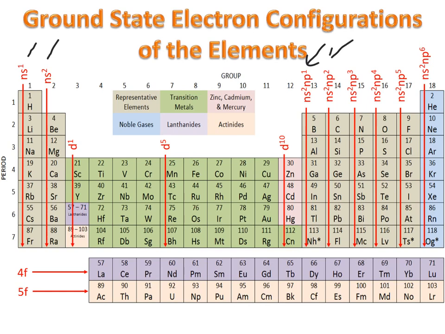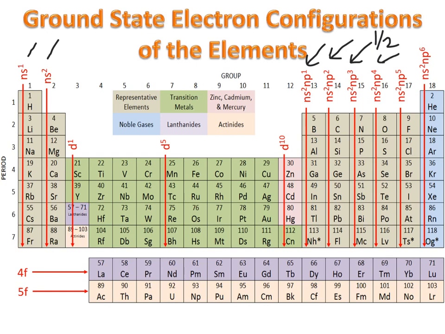In group 14, we put a second electron in the p subshell. Group 15, we put a third, and I'd like to remind you that in the p subshell, once we get 3, it is half full, which is going to create a breaking point in some of the periodic trends that we will be looking at.